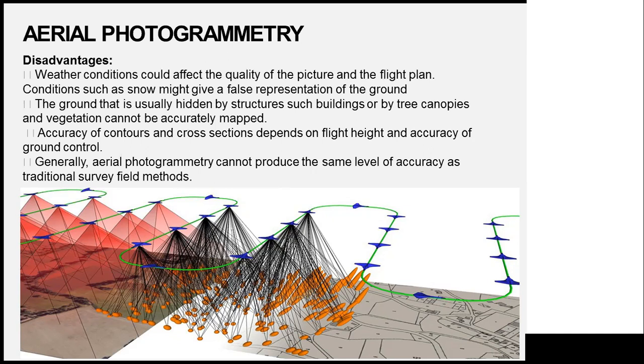But generally, one point is given here that aerial photogrammetry cannot produce the same level of accuracy as traditional survey field methods. Now, why does this happen? Because you are taking the photograph from a high altitude, and in traditional survey, suppose you are using the total station or theodolite, then you are at the ground position, so the accuracy will be more, right?